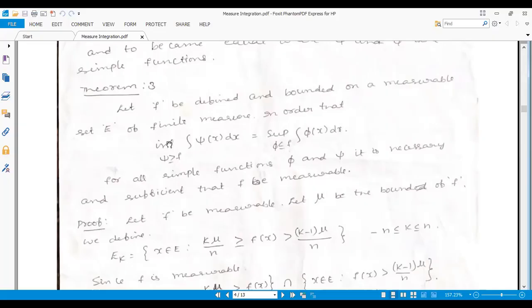We can prove this by starting with the concept of measurable sets.